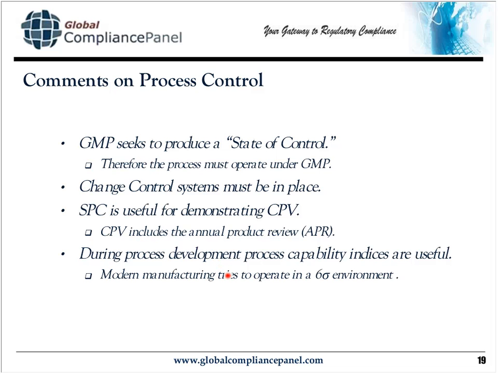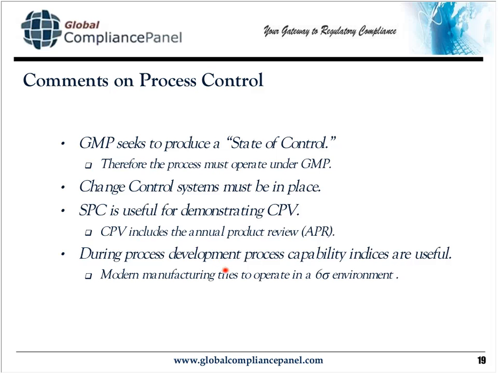Now, the capability indices are kind of interesting because the target was originally set to be plus or minus 3 sigma around the process average.